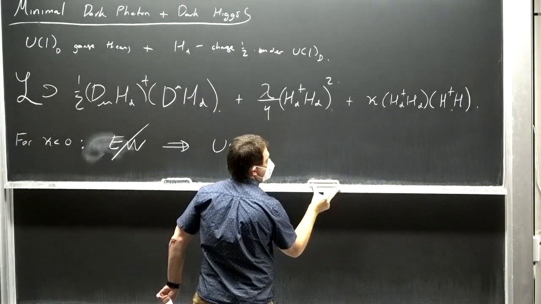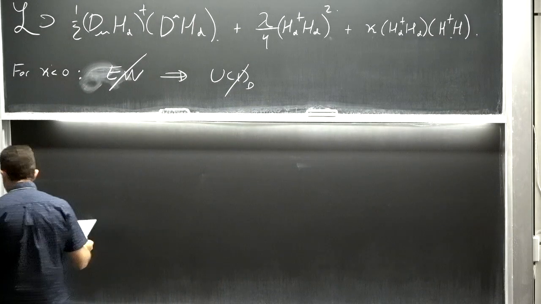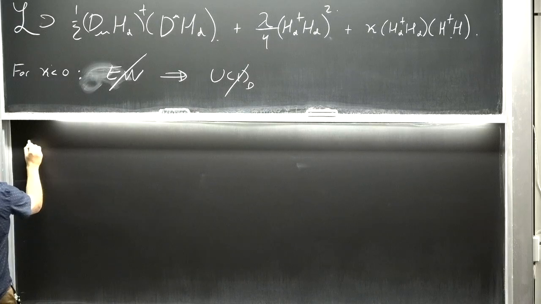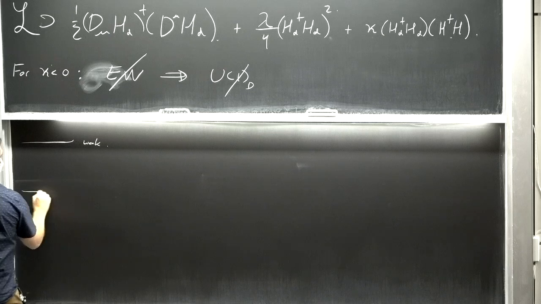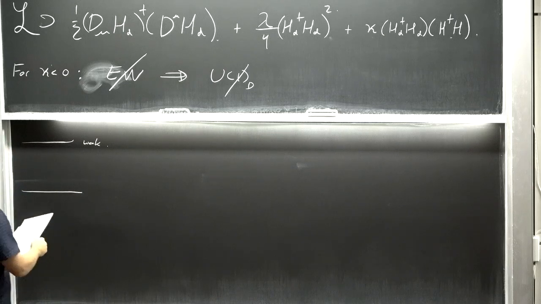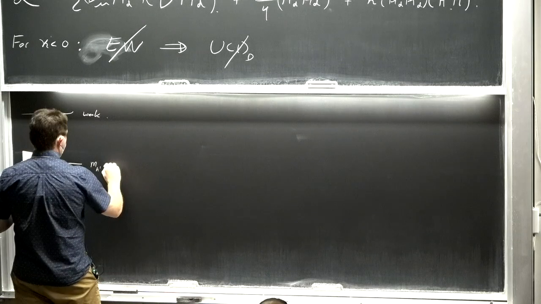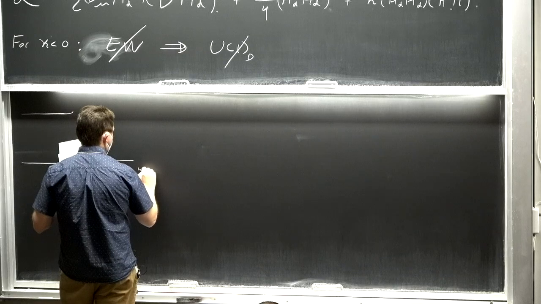And so then the schematic picture for the mass scales is one where we have the weak scale up here, and then we have the dark sector mass scales, M_A prime, which are down by root kappa times the weak scale.